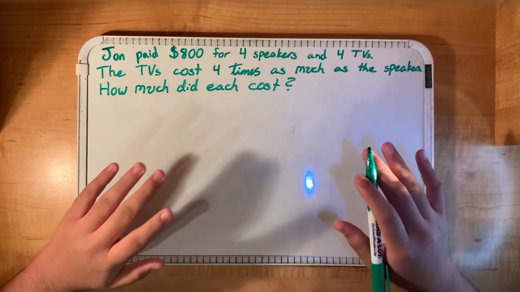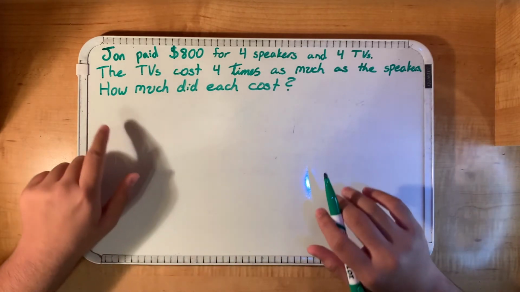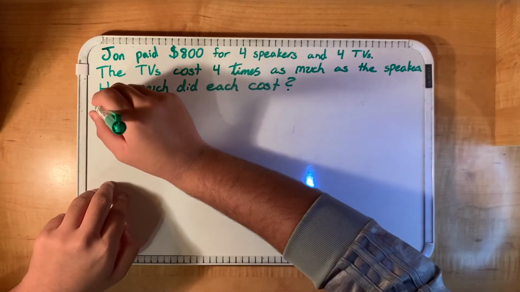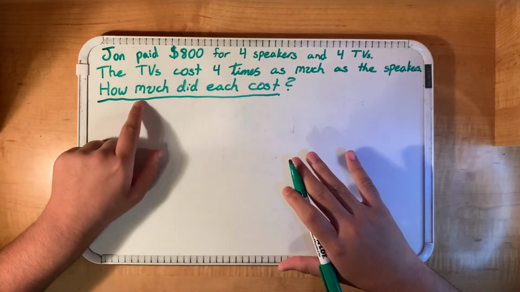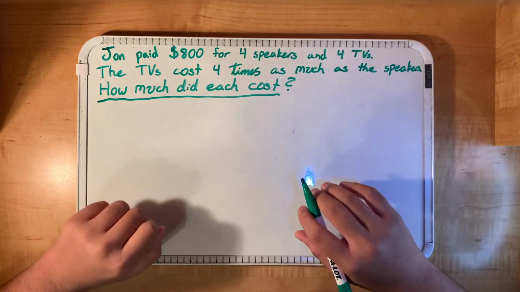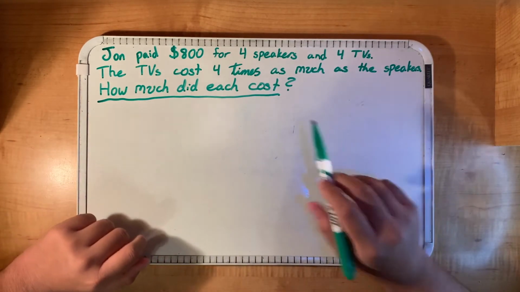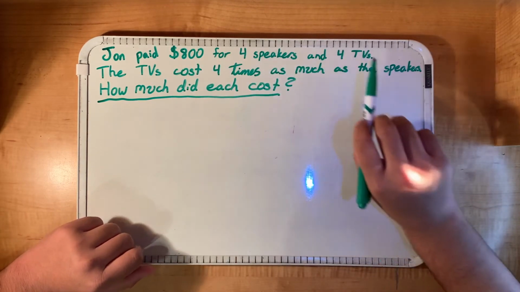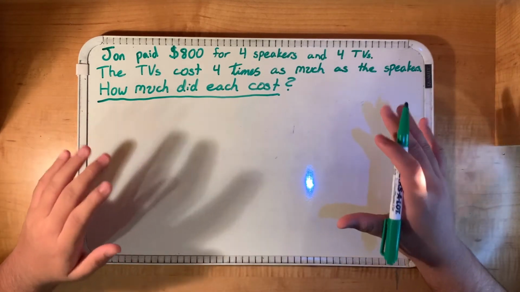So we need to first break down what the problem is saying. Our actual question is, how much did each cost? We need to find the price of one TV and the price of one single speaker. It says John paid $800 for 4 speakers and 4 TVs, so we should write an equation for it.